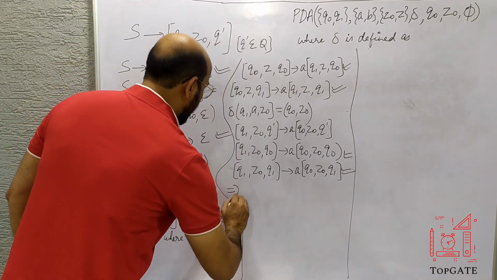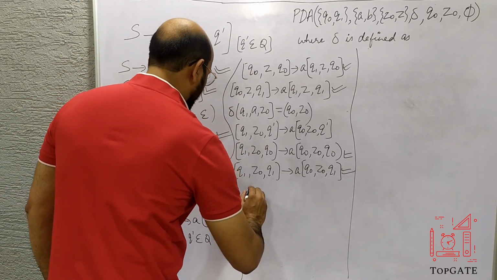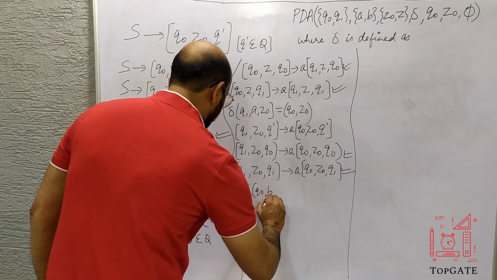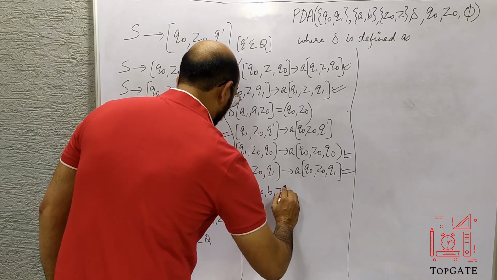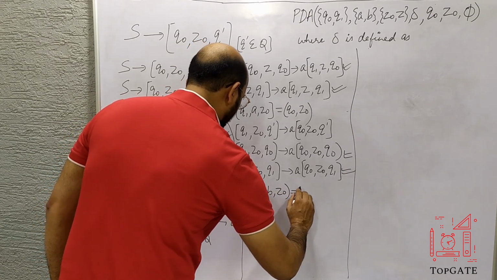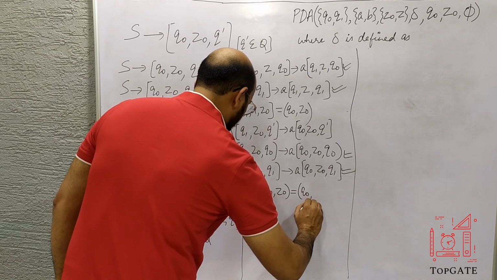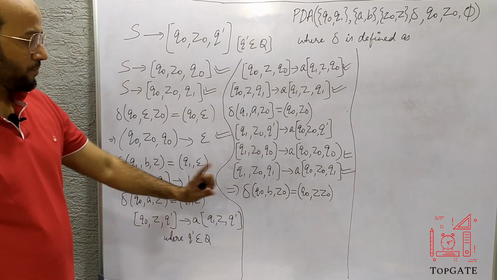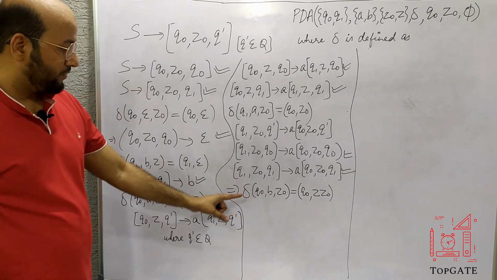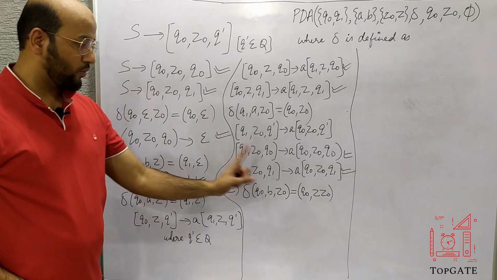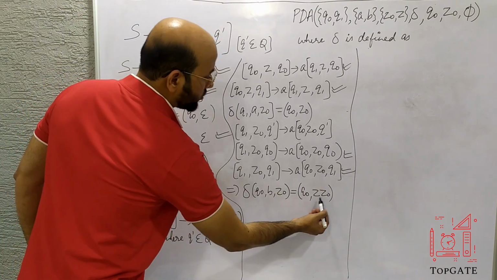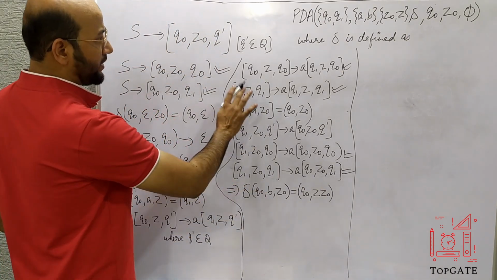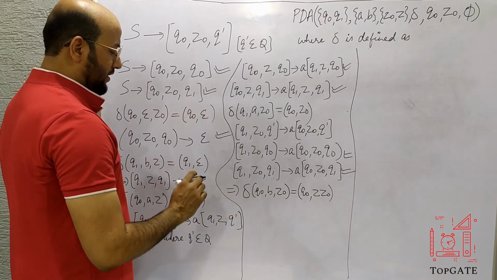The first push operation that we have is delta(q0, B, Z0) = (q0, Z0). This delta needs to be converted to the production rule. Now we see here that we have two symbols here, so we'll take something for these two symbols and the method will be the same as we did for the bypass one, but there is some difference.